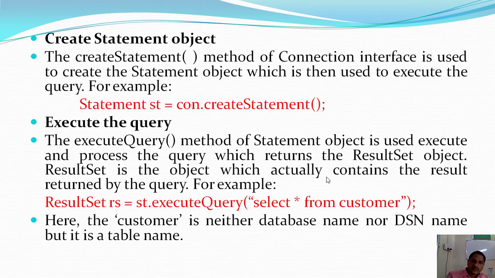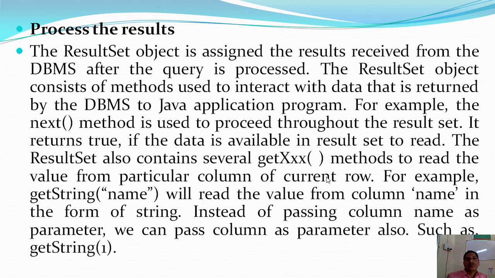In the select query we are passing the table name, so customer in this query is the table name. Next, process the result step. The ResultSet object is assigned the results received from the DBMS after the query is processed. The ResultSet object consists of methods used to interact with data that is returned by the DBMS to the Java application program.